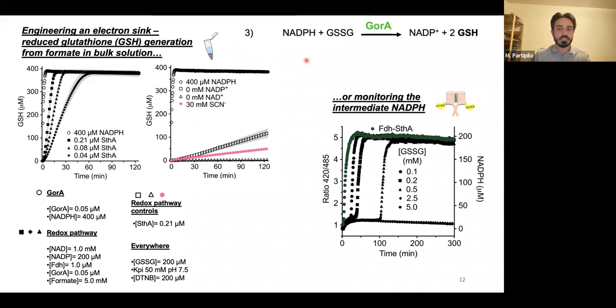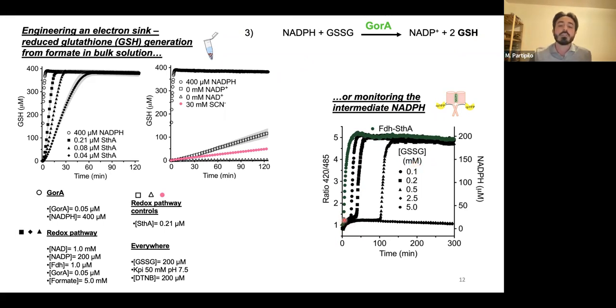Well, although it's nice to monitor the final product, we had our NADPH sensor that we were also using in vesicles. So we also tried to monitor it in solution, again not the final product formation but the intermediate dynamics. As you can see from the panel on the right, we could observe a difference increasing the amount of our glutathione disulfide, our drain.